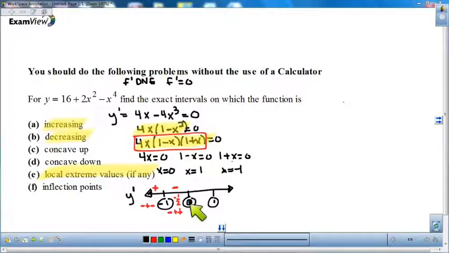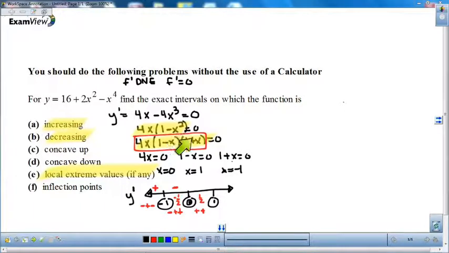Now I'm going to check a number between 0 and 1, so I'm going to check 1/2. 4 times 1/2 is positive. 1 minus 1/2 is positive.